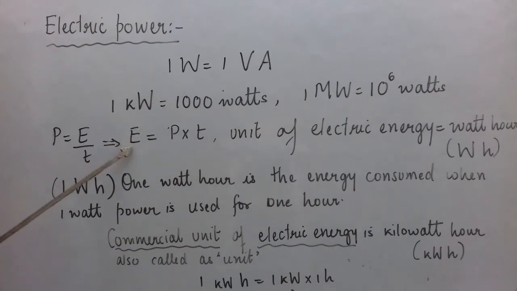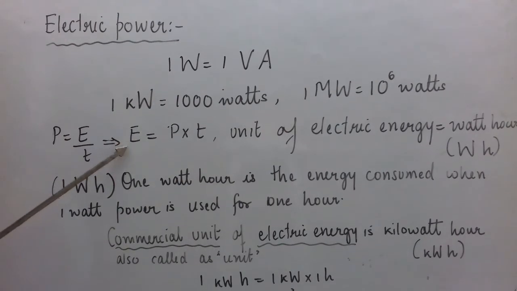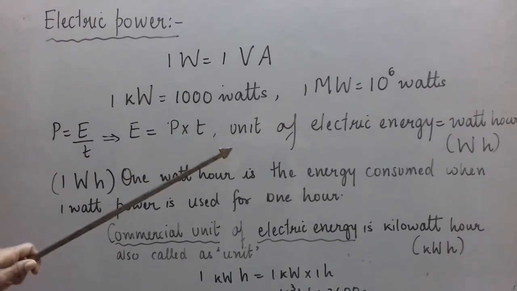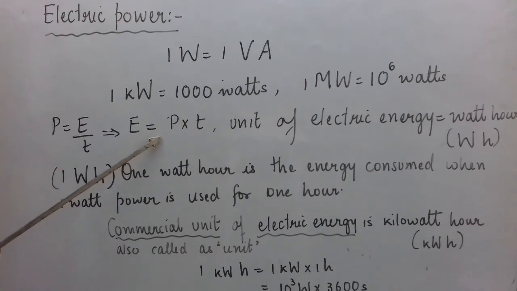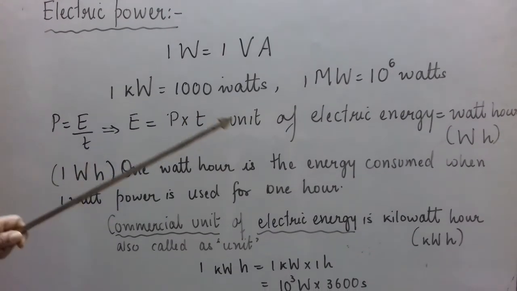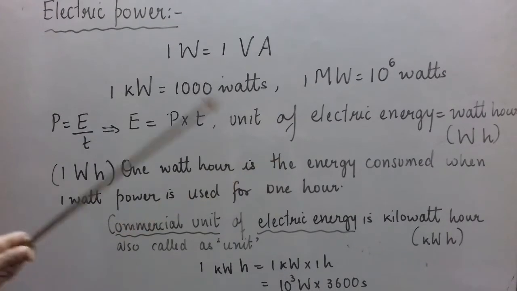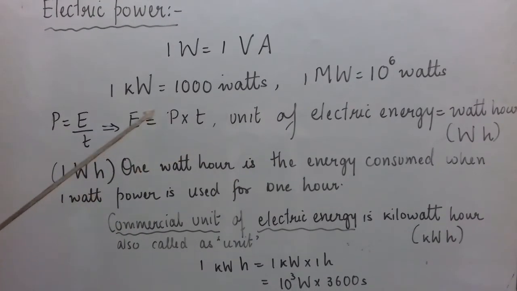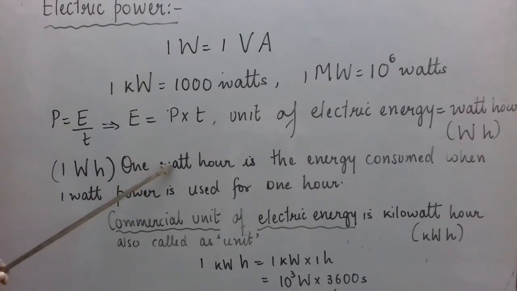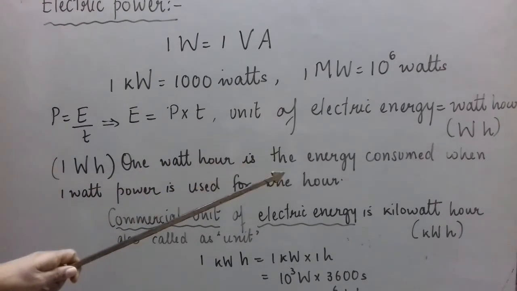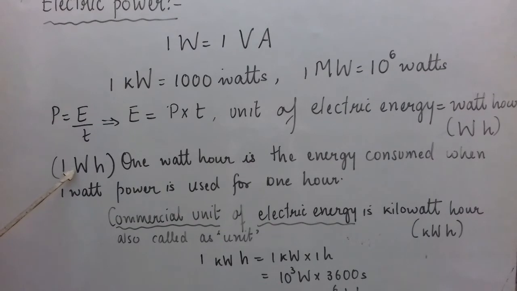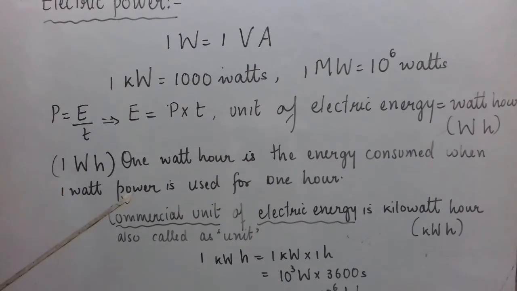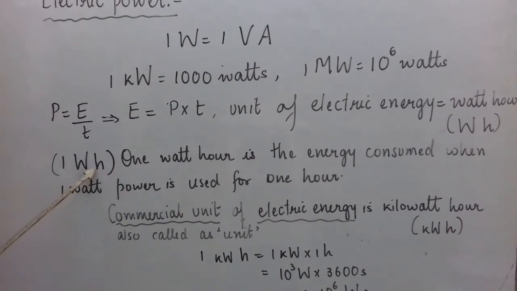Okay, this is the unit which is used for electric energy, remember that, although it is not the SI unit. So how will you define 1 watt hour? 1 watt hour is the energy. You know it is a unit of energy. So you can write 1 watt hour is the energy consumed when 1 watt power is used for 1 hour.